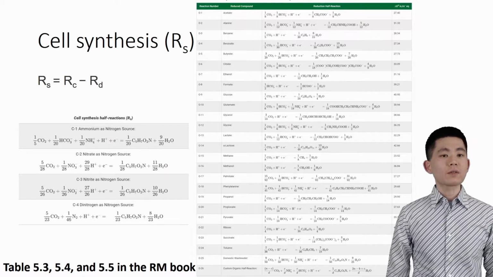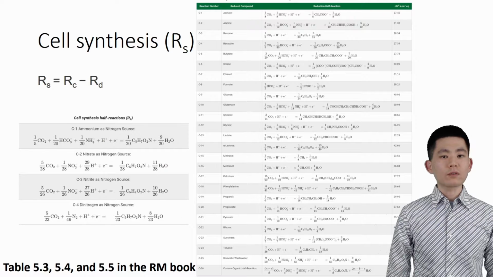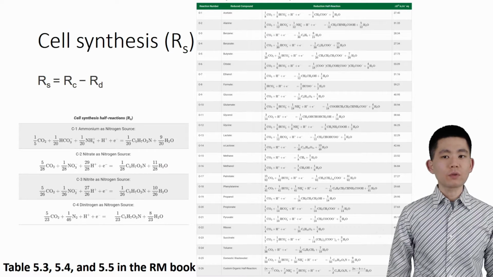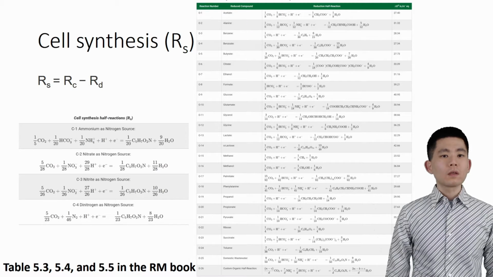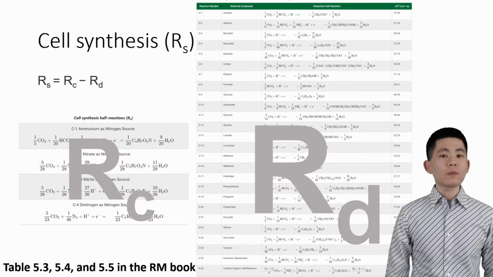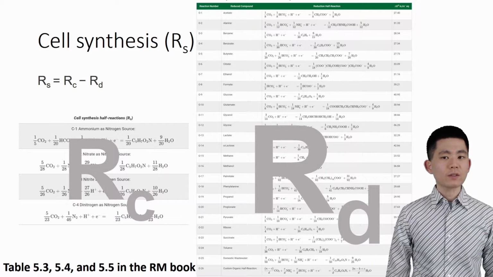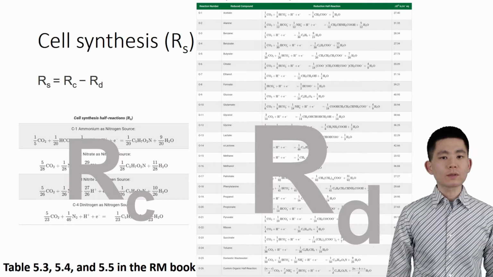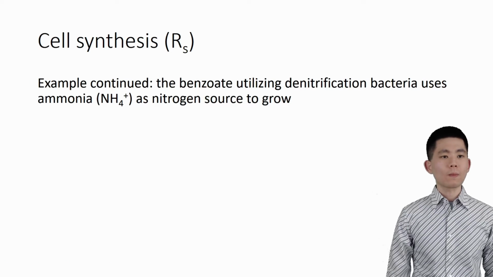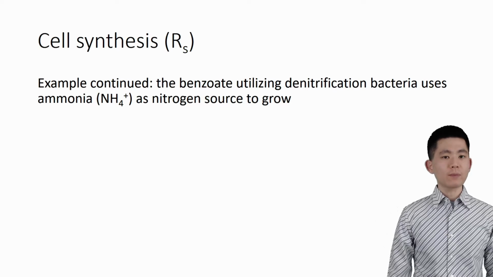In the cell synthesis reaction RS, the electron donor combines with the nitrogen source to form cell material. It is the combination of the same electron donation half reaction, RD, and the cell synthesis half reaction, RC, with appropriate nitrogen source. We can continue our example for the benzoate utilizing denitrification bacteria.